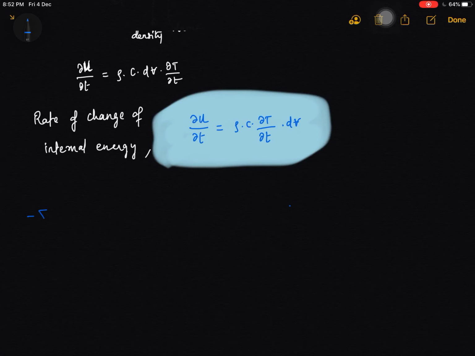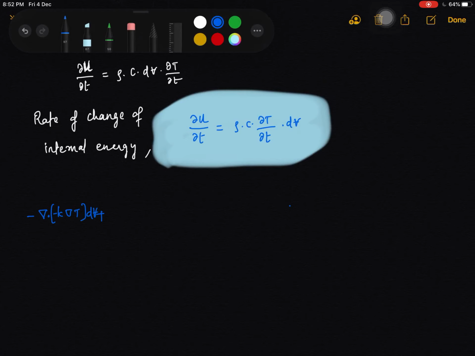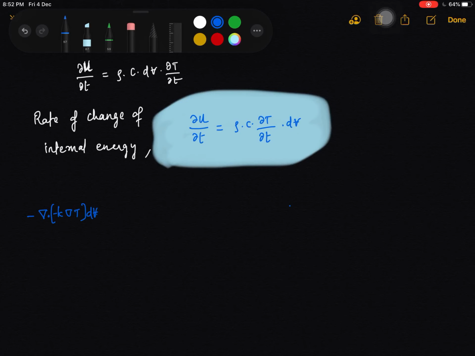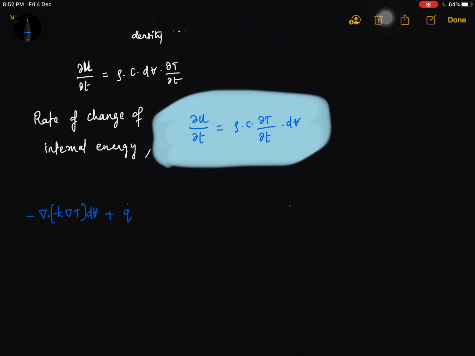First term, which is minus del dot minus k del T into dv, plus the second term, that is q dot g into dv, which is the net rate of heat generation, will be equal to this term, that is rho c ∂T/∂t into dv.